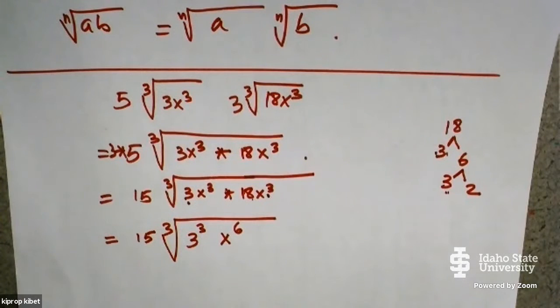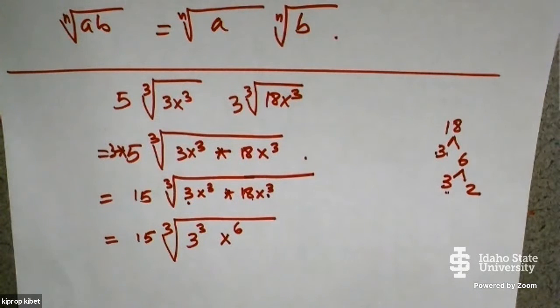I got a question. Why can't you just take the 3 times the 18 and write x to the third, so it could be 54 x to the third? Yeah, we are trying to simplify. This is cube, right? So we're trying to look for a way that this cube can simplify the whole expression, instead of going a long way, like getting 54 and then still simplifying.